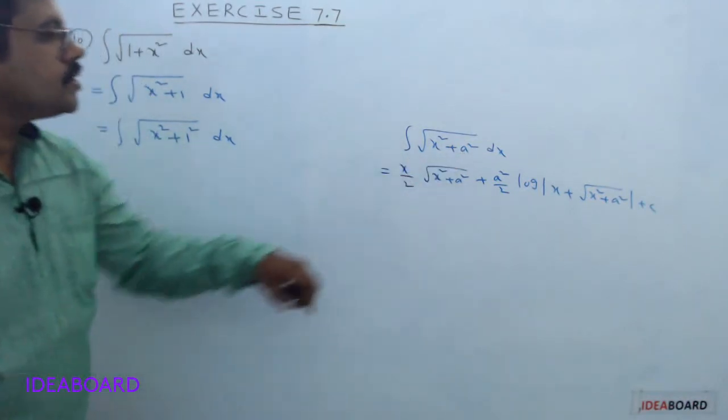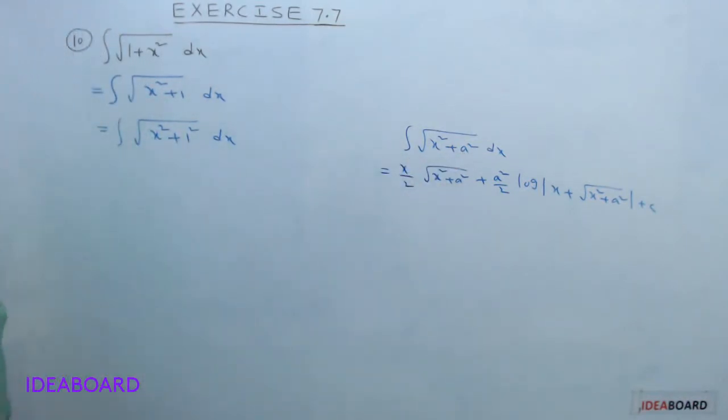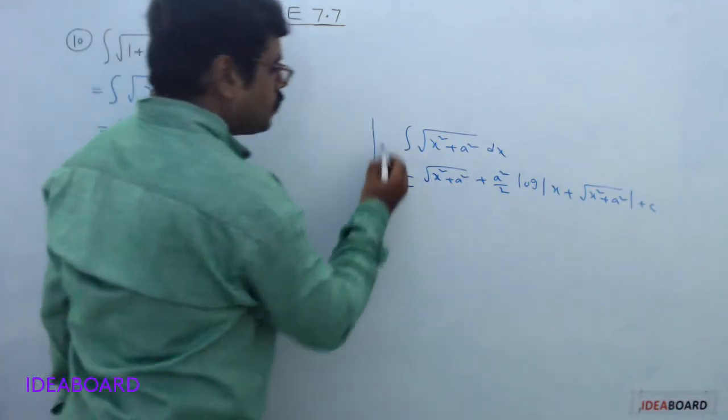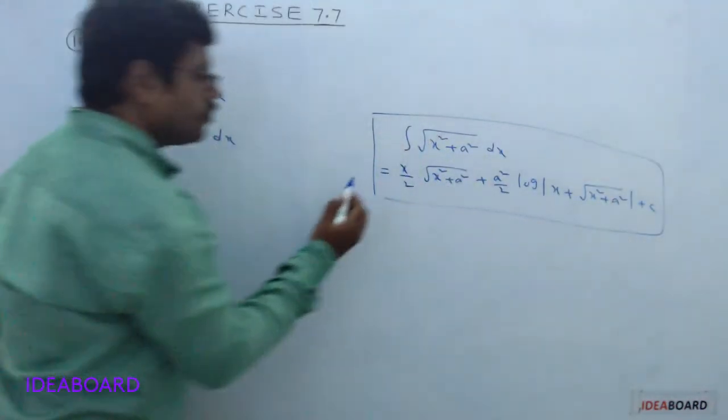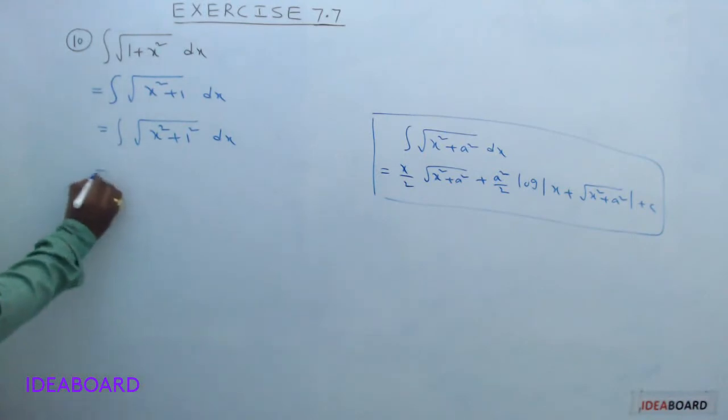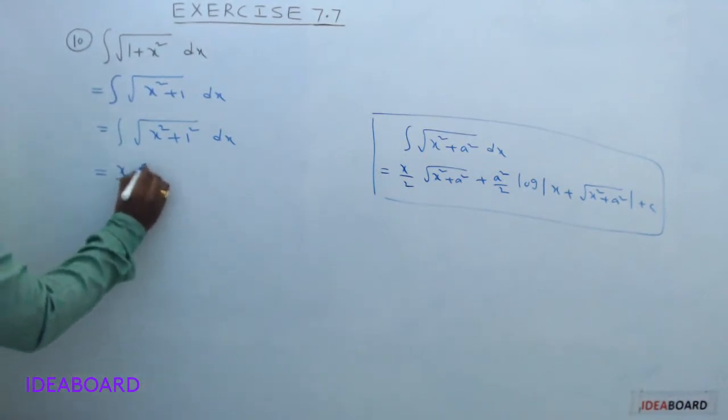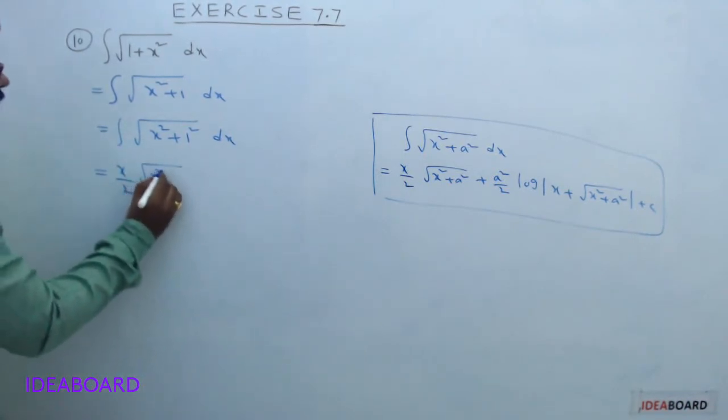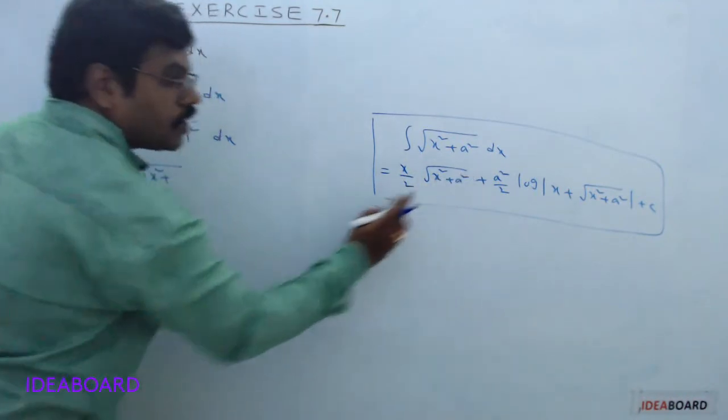Now here in place of the constant term a, 1 will be there. So use this formula. So it is x divided by 2 into square root of x square plus a square.